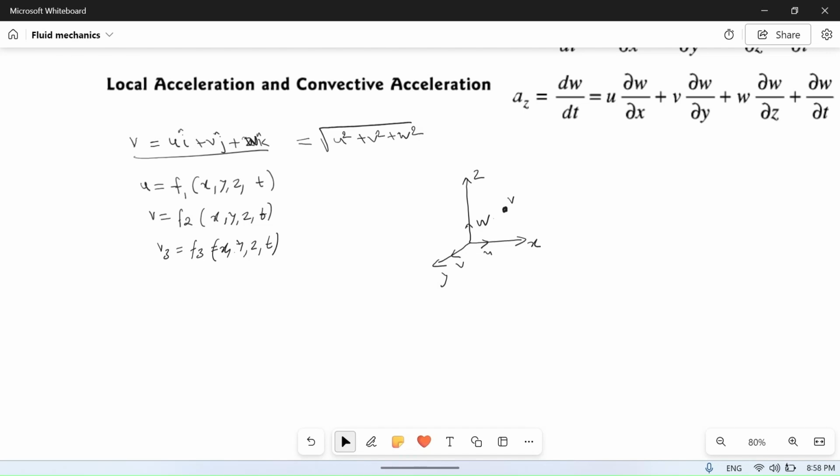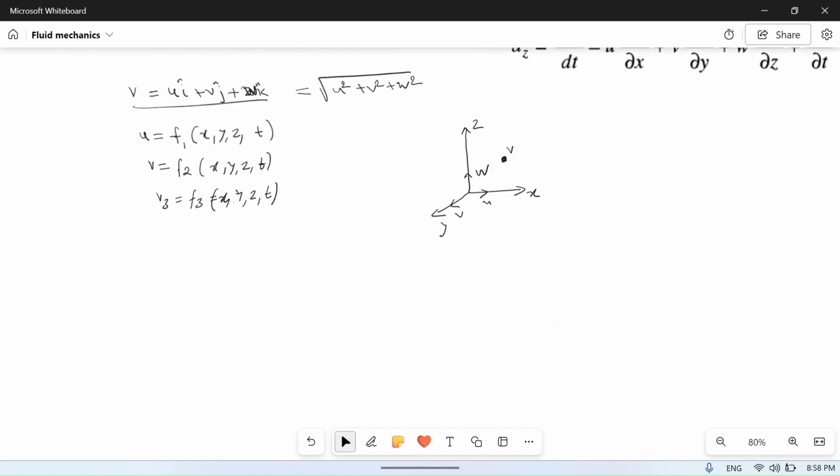If we apply the chain rule, then we can find the total acceleration. In the x direction, ax is equal to du by dt.